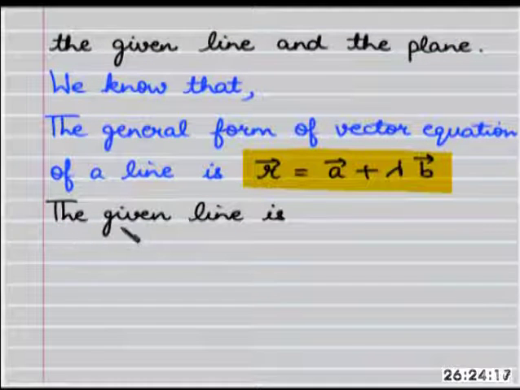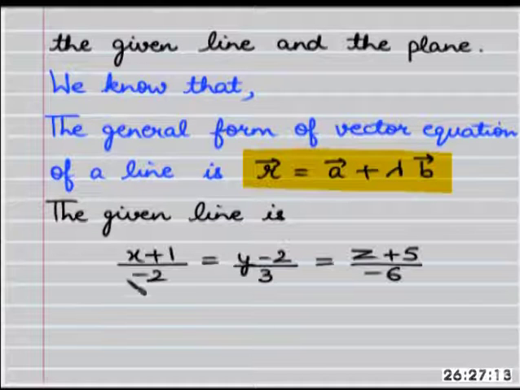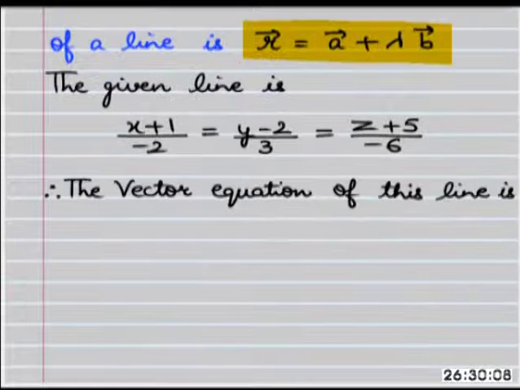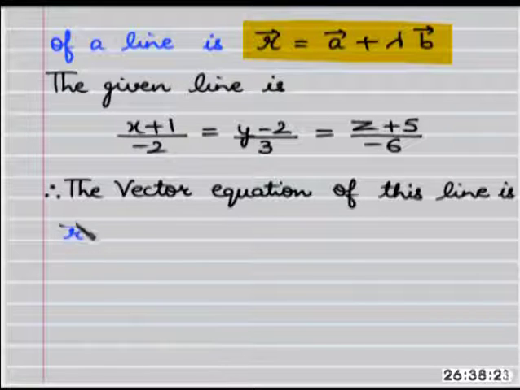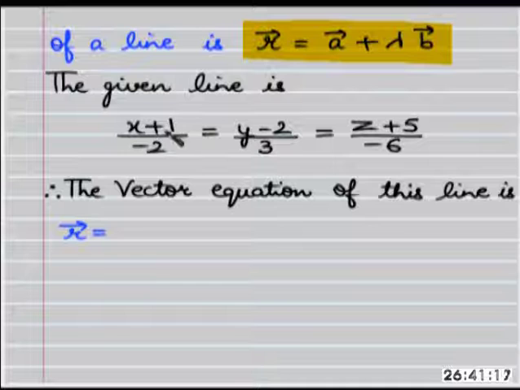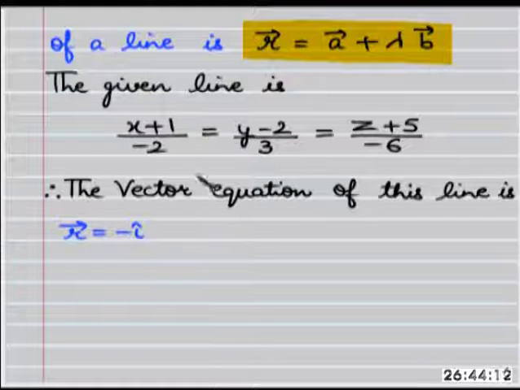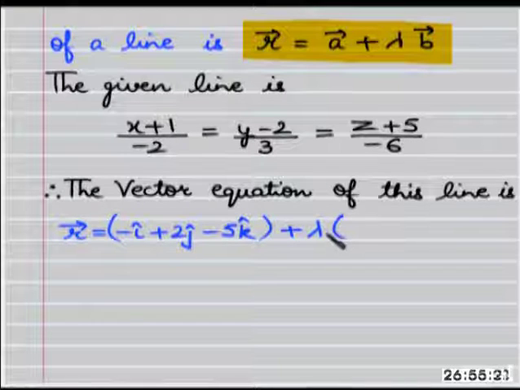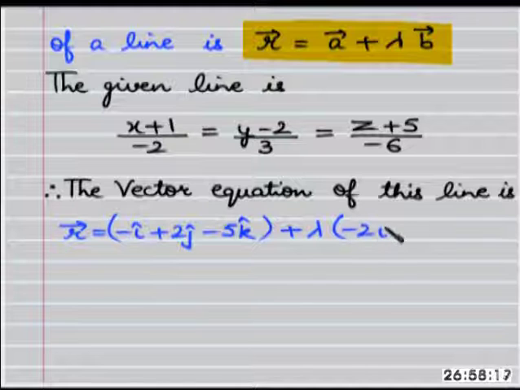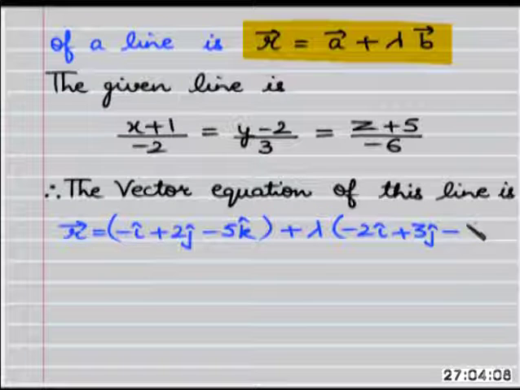Now here, as the given line is, therefore the vector equation of this line is vector r is equal to minus i cap plus 2j cap minus 5k cap plus lambda into minus 2i cap plus 3j cap minus 6k cap.